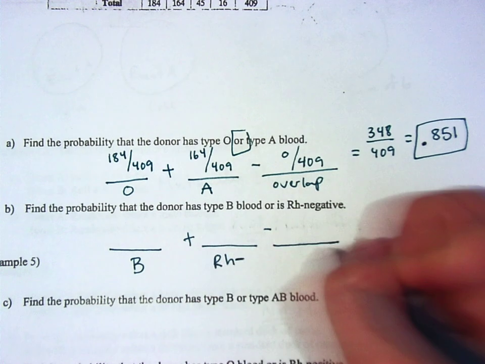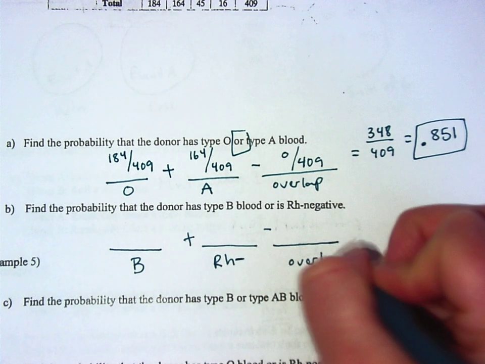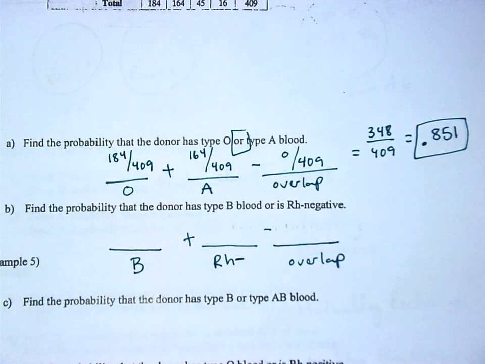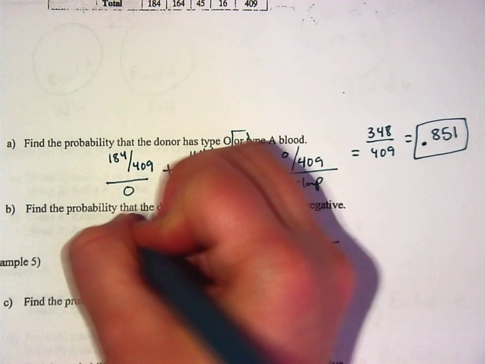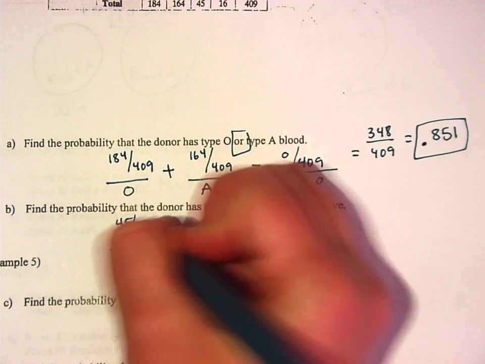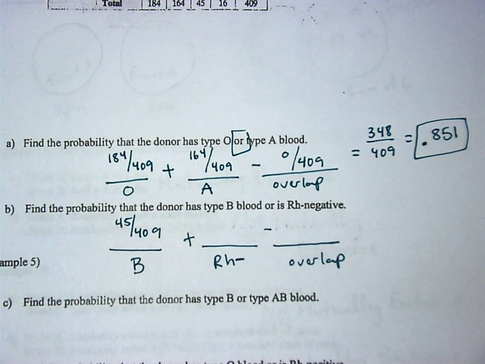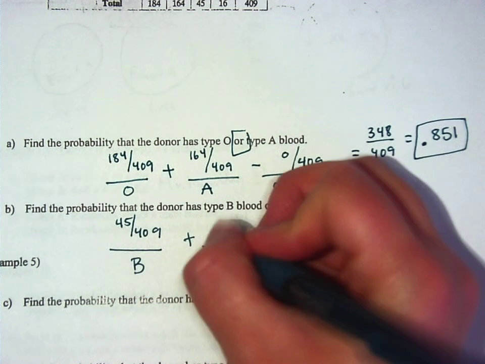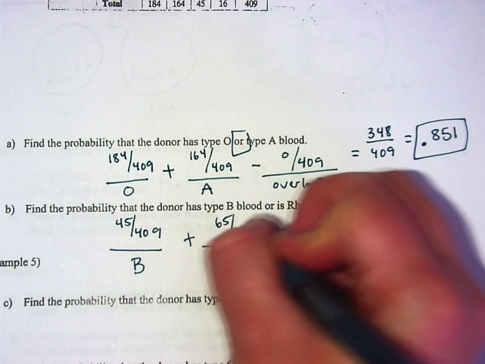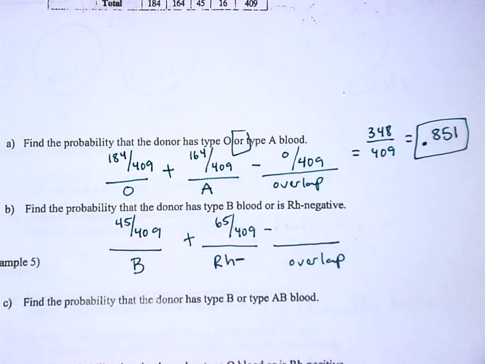B, Rh negative, and the overlap. How many people have B blood? 45 out of 409. How many people have Rh negative blood? 65 over 409. Overlap. Who did we just count twice? Who did we count that has B blood and is Rh negative, and they were in both pools that we already counted, so now we've got to subtract them.